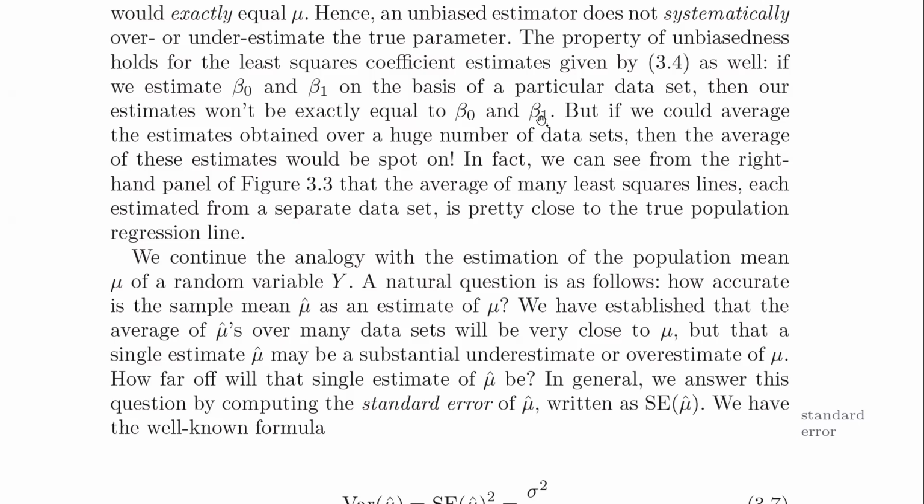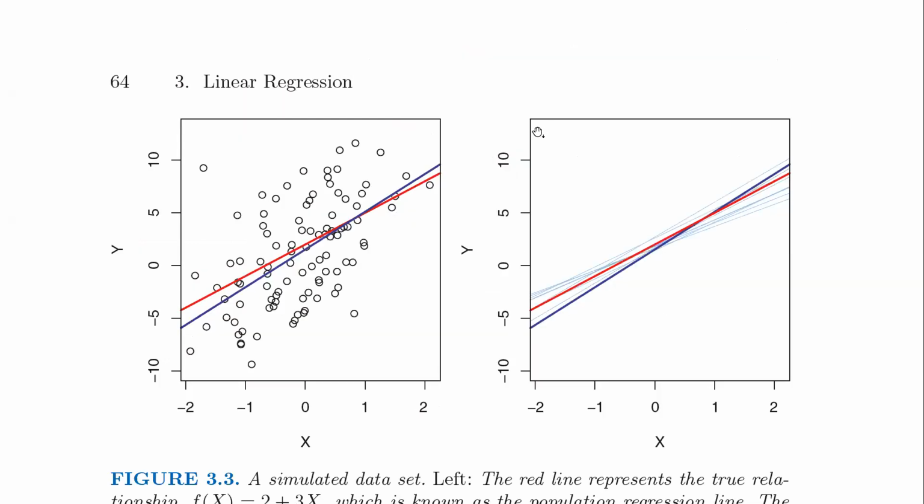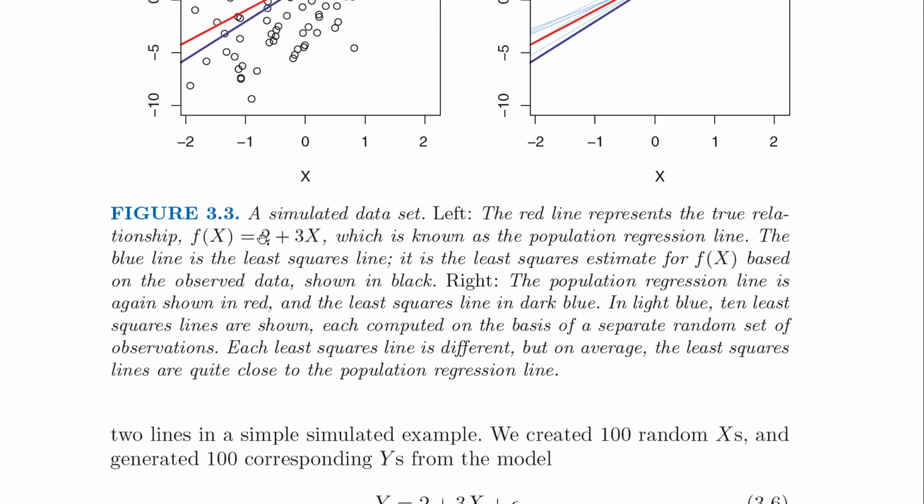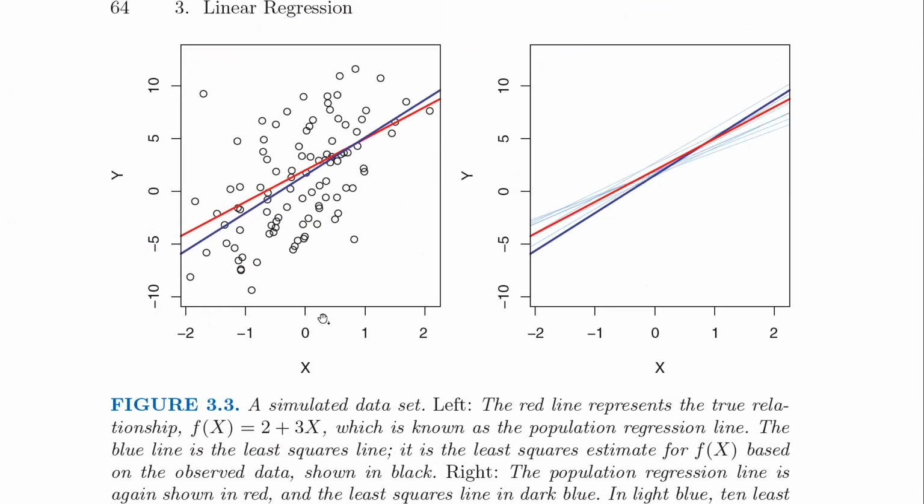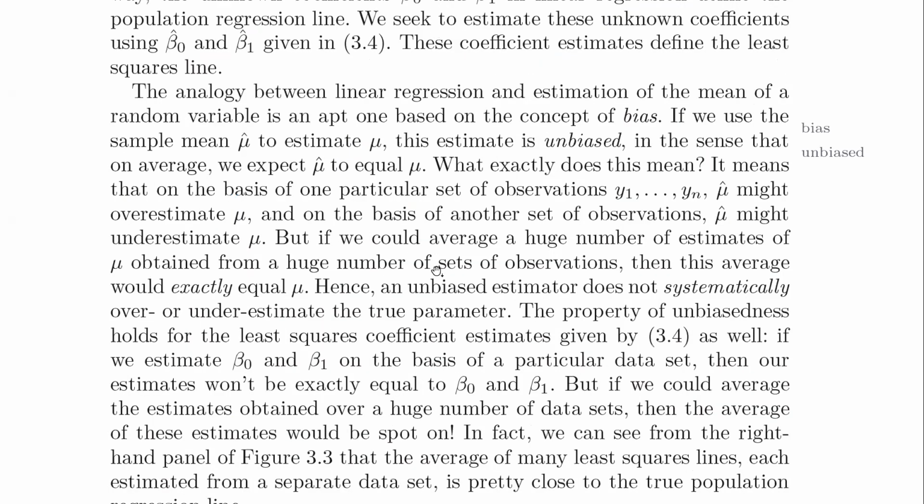So if you're doing this on one specific data set, which is what's going on in the first diagram, you're not expecting your beta naught and your beta 1 to coincide perfectly with the 2 and the 3, because there is an element of bias in the data. You only have 100 observations.